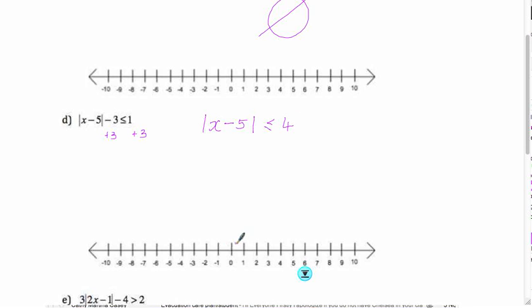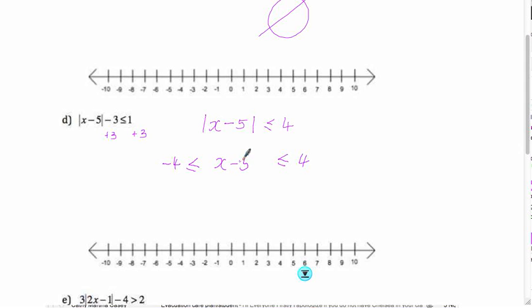We can't graph it yet, but what we are able to do is convert this now into a compound inequality expression. It is going to be between 4 and minus 4, because if it is no more than 4 units away from 0, then the value of the expression x minus 5 must be between minus 4 and 4.